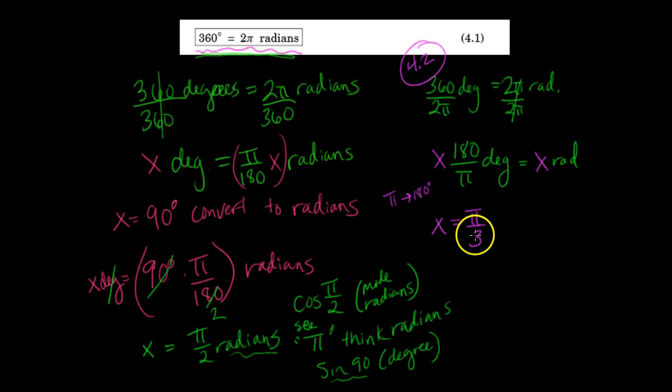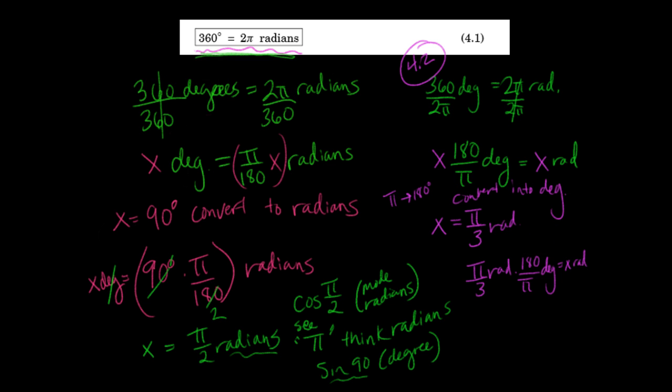We know that this is in radians, right? So if I plug in my x, that's pi over 3, and I should write on it so you guys see, convert this into degrees. So we've got pi over 3 radians times 180 over pi degrees per radian is equal to x.